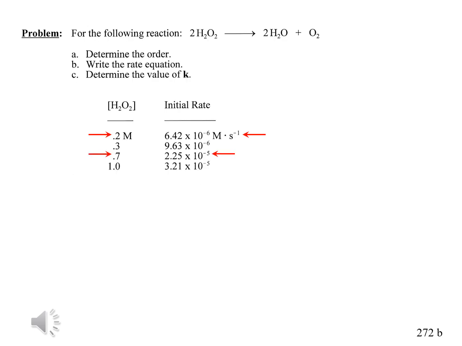For the data I gave in the problem that we're doing, I picked 2 points, and you could pick any 2 points because I always make the data come out on a perfect straight line or parabola. I just pick the first and third point, and I want to get the ratios of the concentrations and the rates.